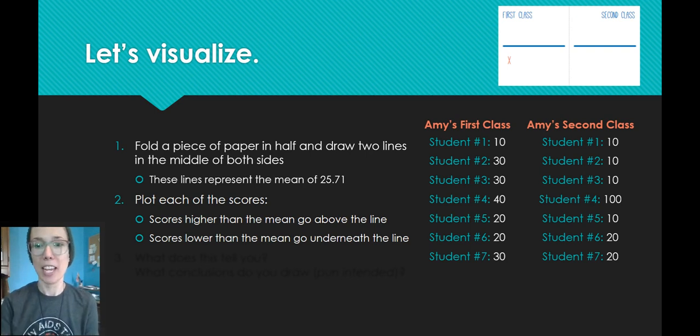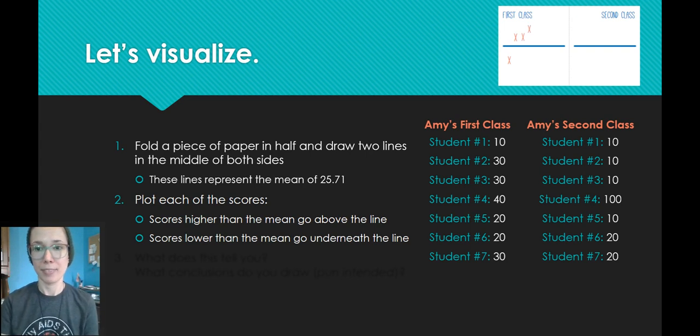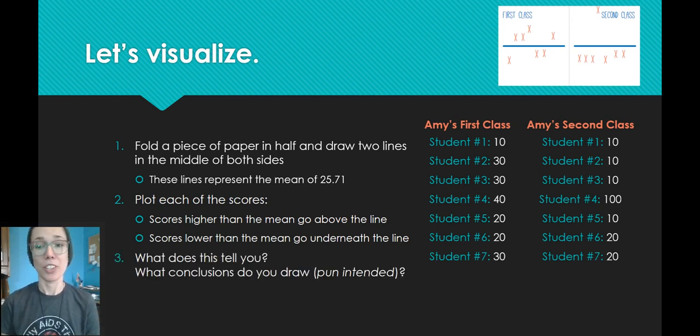So you'll add your 10 minutes, then your 30 minutes is going to go above that, etc. It's helpful to visualize this for yourself. So see if you can map that out on the piece of paper, and then the same thing with the second class side. You'll end up with something that looks like this.